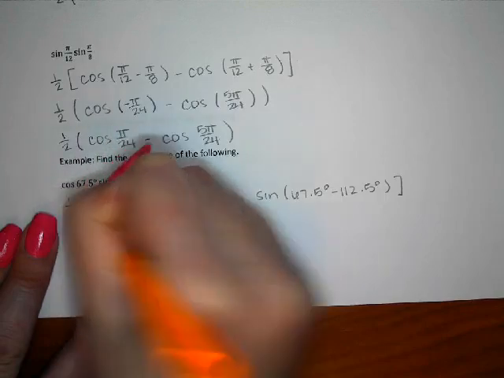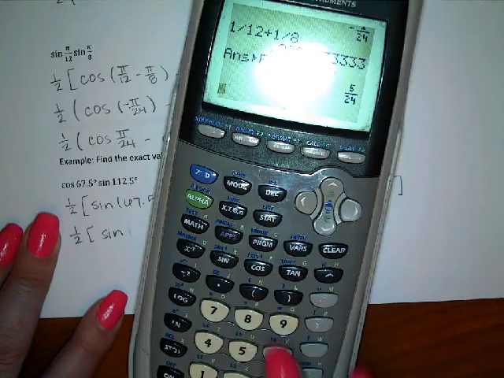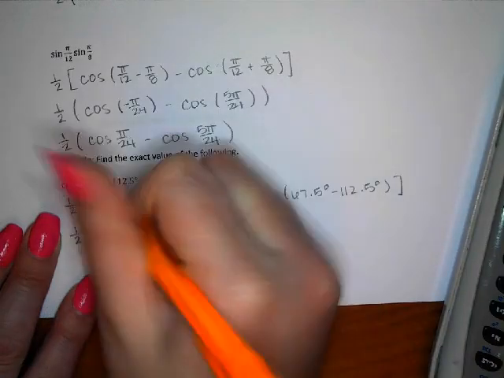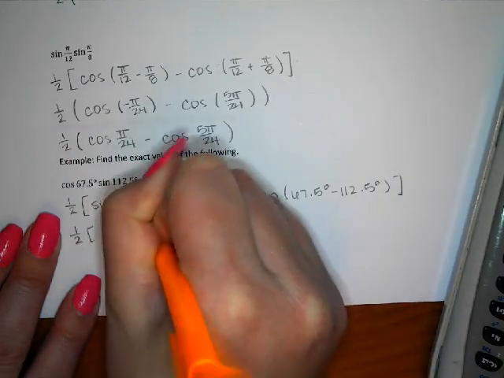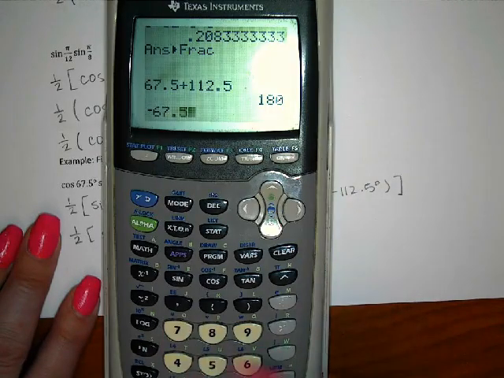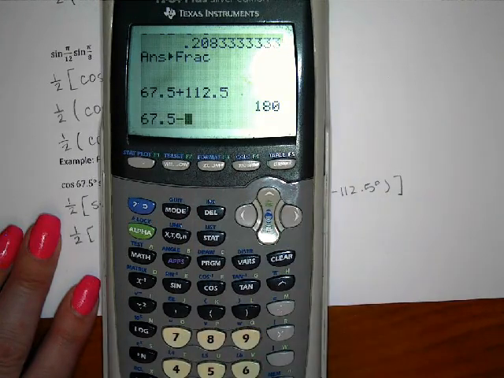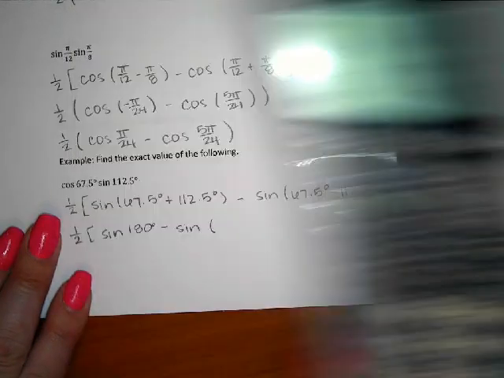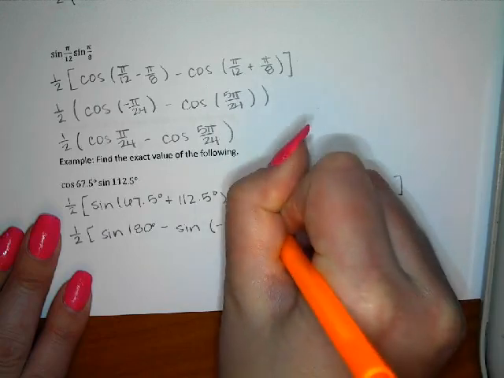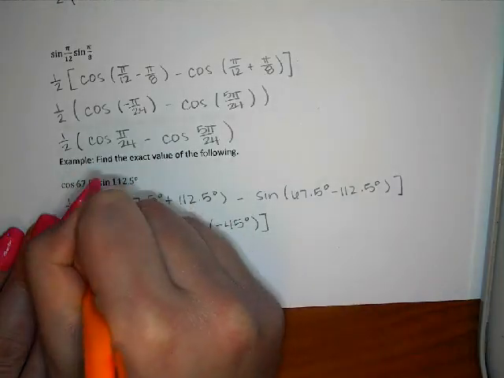So this is sine of 180 degrees, definitely on the unit circle, okay, minus sine, nope, that was positive, negative 45 degrees. Okay, sine of 180 degrees is just 0.